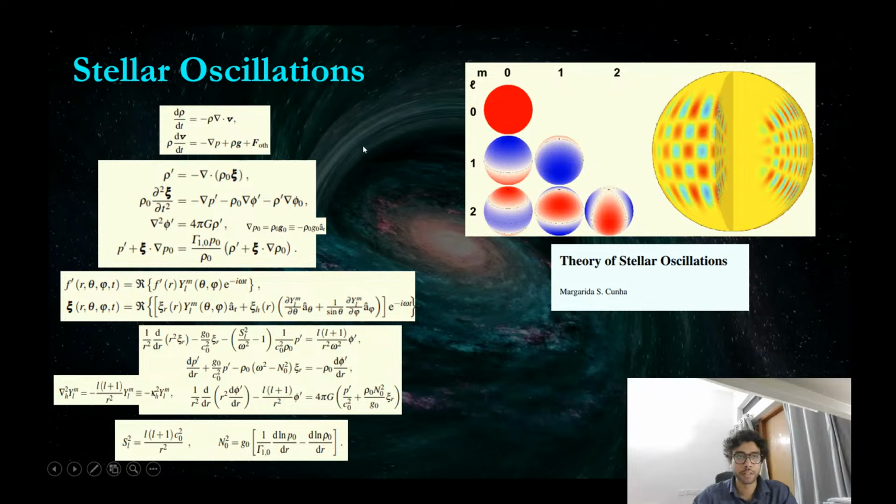So rho prime squared and all those things we'll neglect. So if you perturb this equation, it will come down to this thing. So xi is nothing but the velocity actually, right? The unperturbed velocity was 0, and the perturbed velocity is xi.